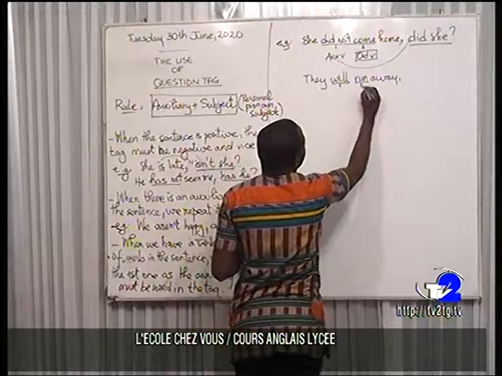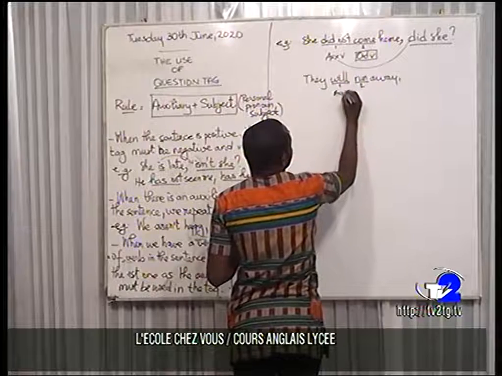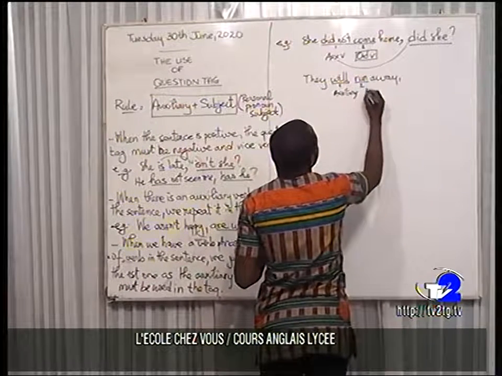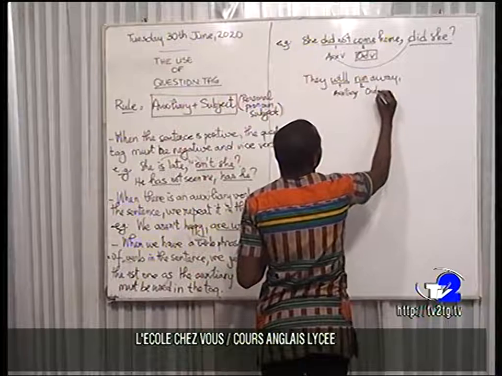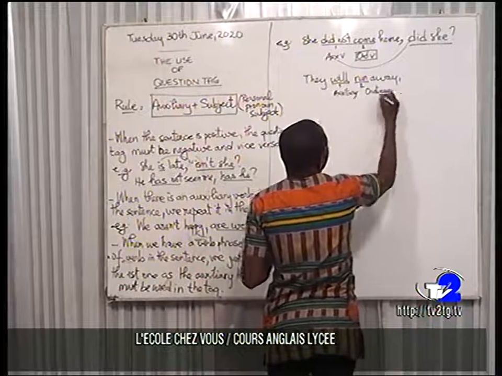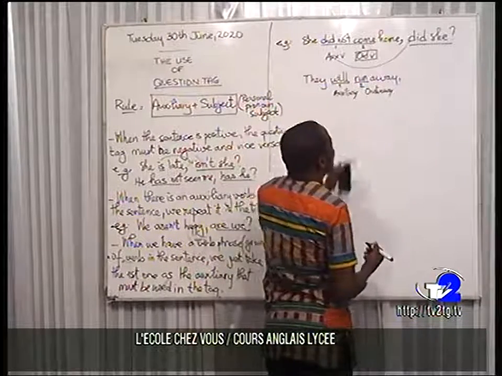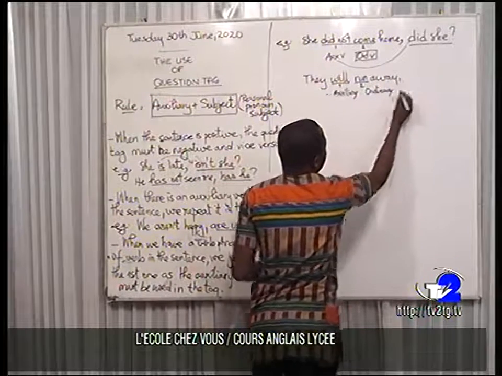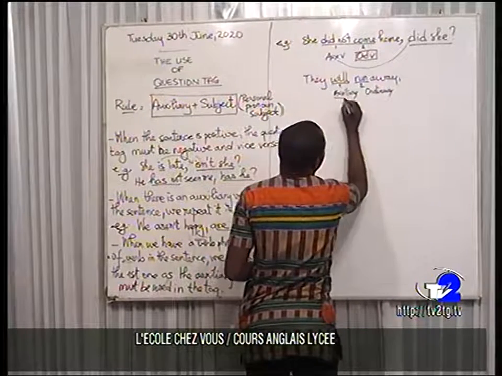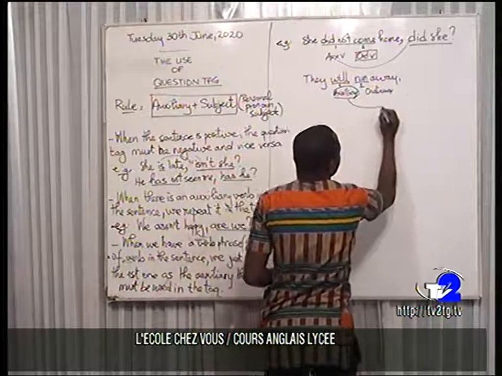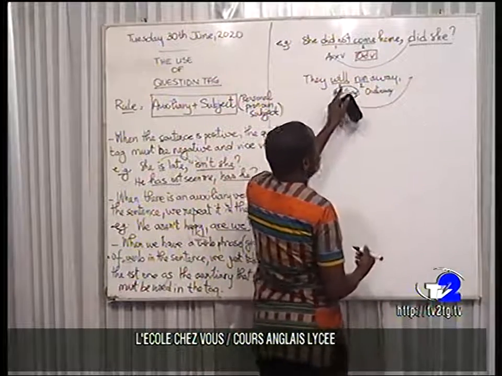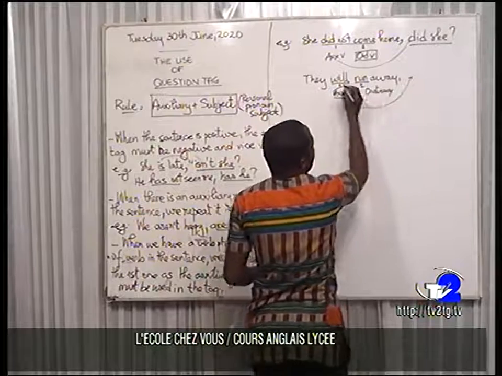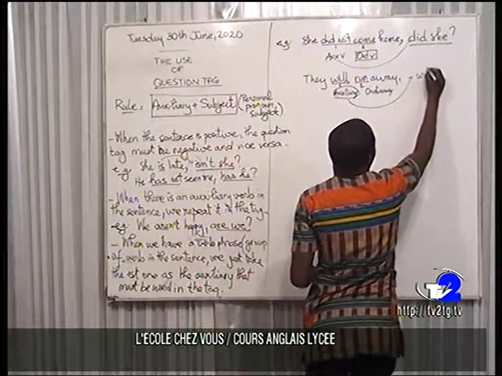Will is the auxiliary verb, and run is the ordinary verb or main verb. When you want to form your question tag, you form it with the auxiliary verb. So you repeat the first verb.